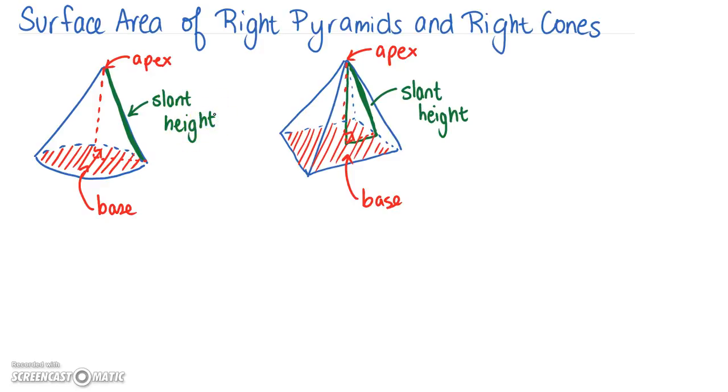So there are two different types of height. You have your perpendicular height, the one that makes it a right pyramid or a right cone. This is called your perpendicular height. And that's the same thing here. That's your perpendicular height.